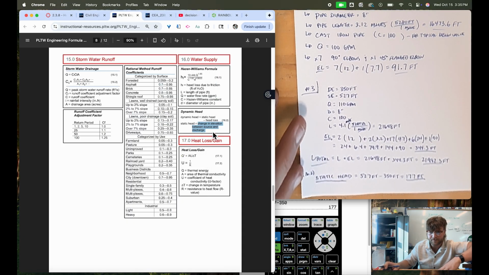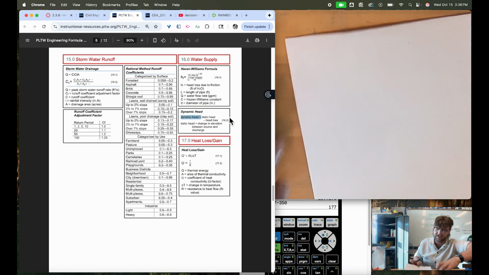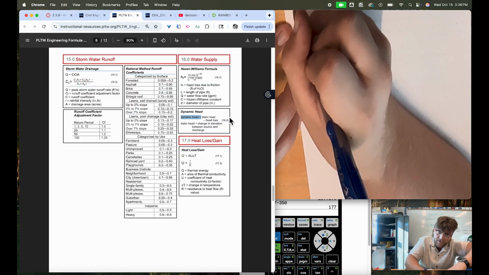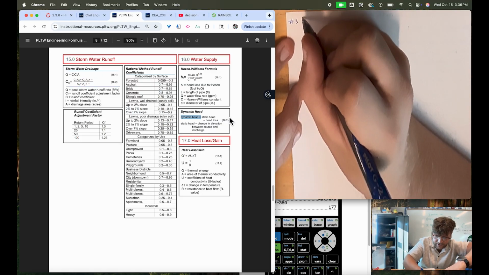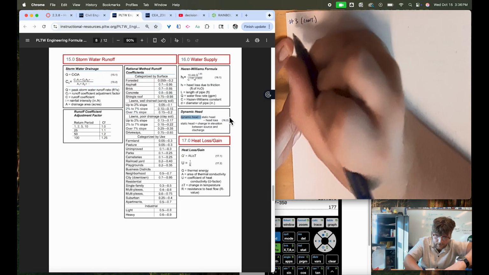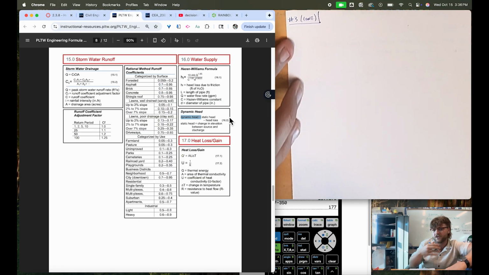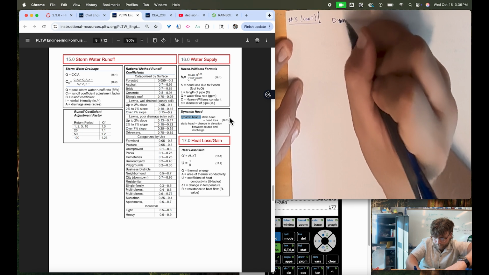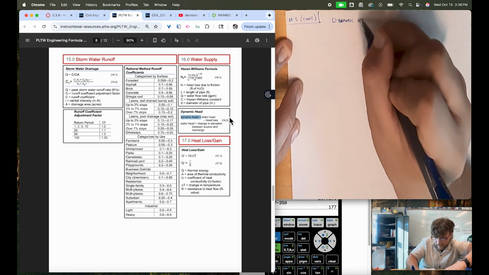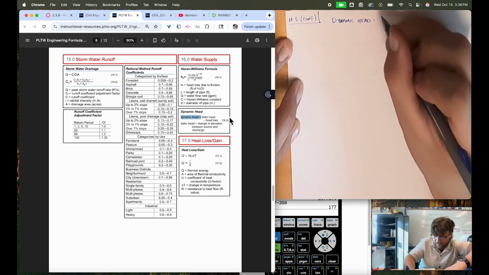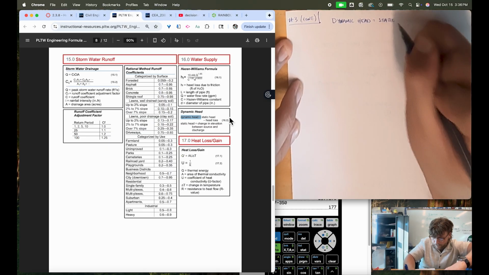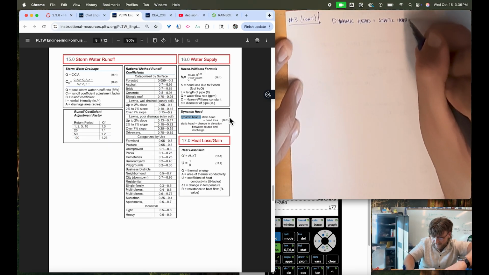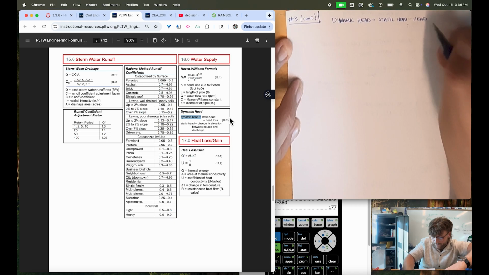Now that we have our static head, we can start to calculate our dynamic head. So I'm going to flip this over, put number 3, continued. Now we want to write out dynamic head, which is equal to static head minus head loss.